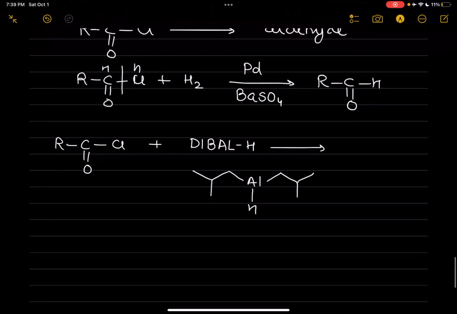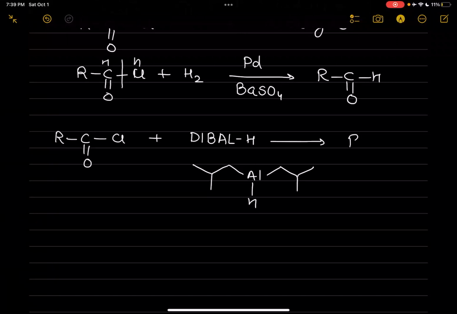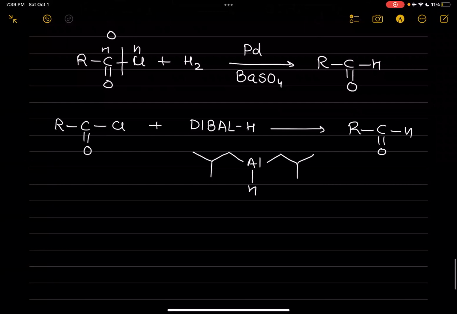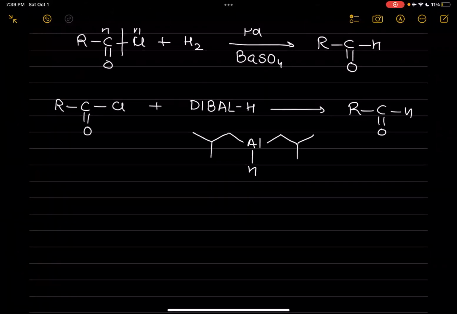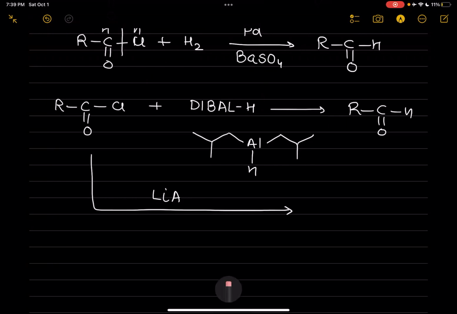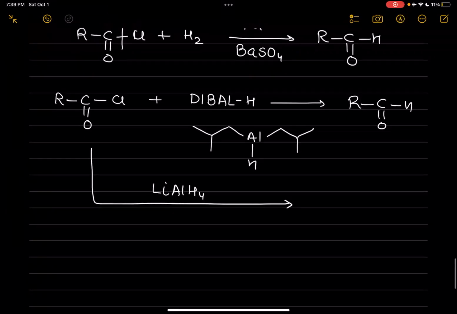So this is actually a mild reducing agent, so you end up with only one H being added. But you need to be very careful. By mistake, if you would have taken LiAlH4, then it will be a problem, because LiAlH4 is having 4 hydrogens.